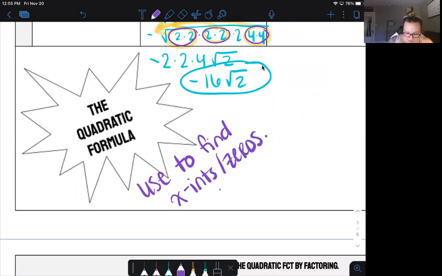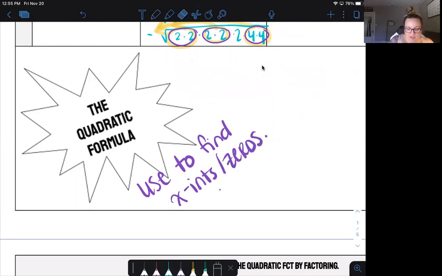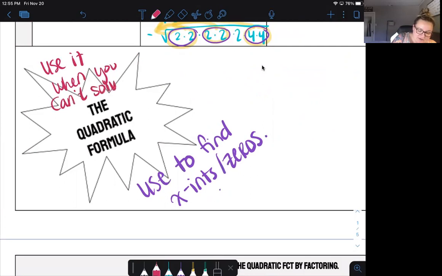Normally we use it when a problem can't be factored or it looks like it's too difficult to factor. So use it when you can't solve by factoring.